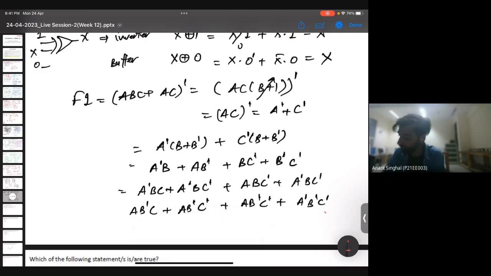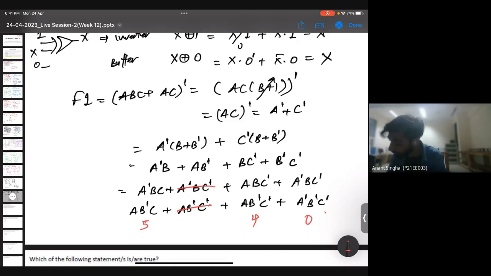So this is 0. First of all, let's see if something is getting repeated. So this is getting repeated, this is getting repeated, and then I guess everything is fine. So this is 0, this is 100 which is 4, this is 101 which is 5.